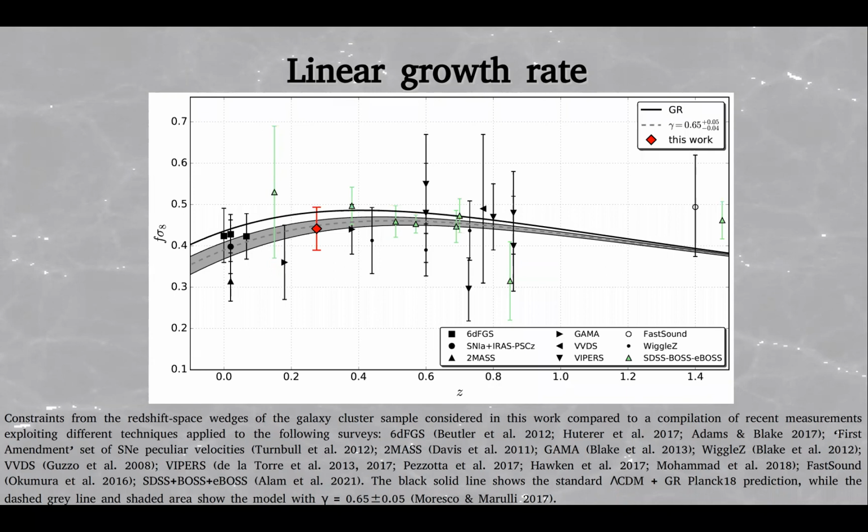So cluster clustering will first of all add something to cluster number counts, and cluster number counts plus clustering is going to be used as an additional cosmological probe. That means now the requirements of Euclid are for galaxy clustering and cosmic shear, but we have also this plus cosmic void statistics, clustering, also cosmic voids. So we hope with Euclid to do some kind of similar analysis, even with cluster clustering alone.